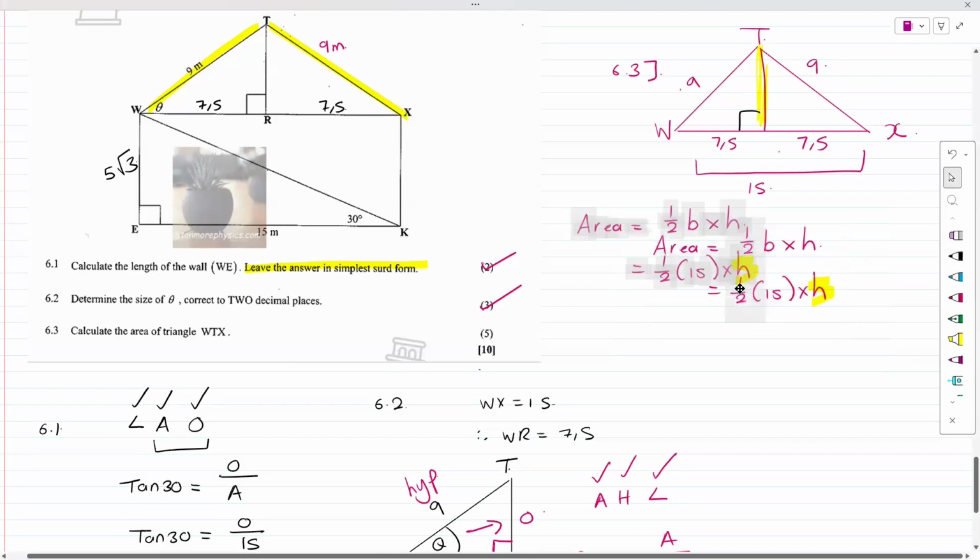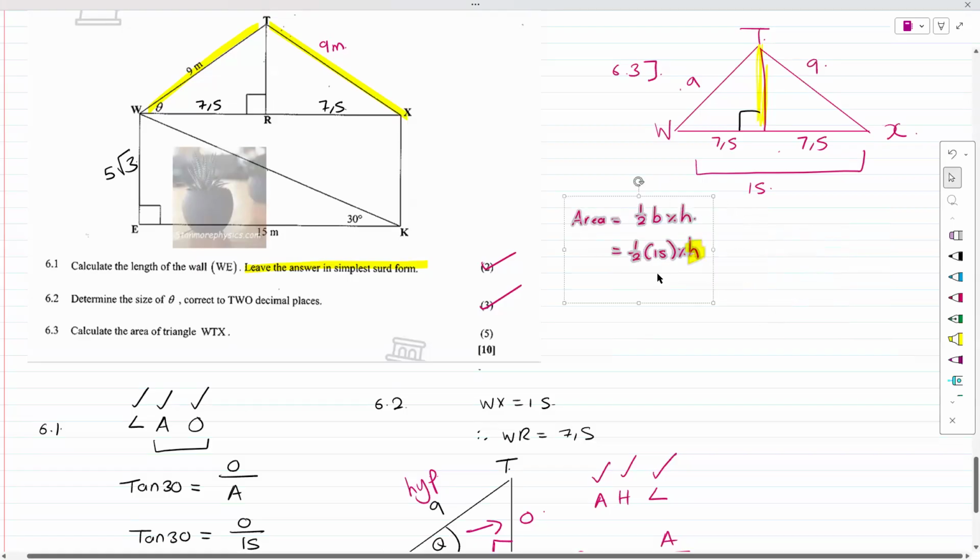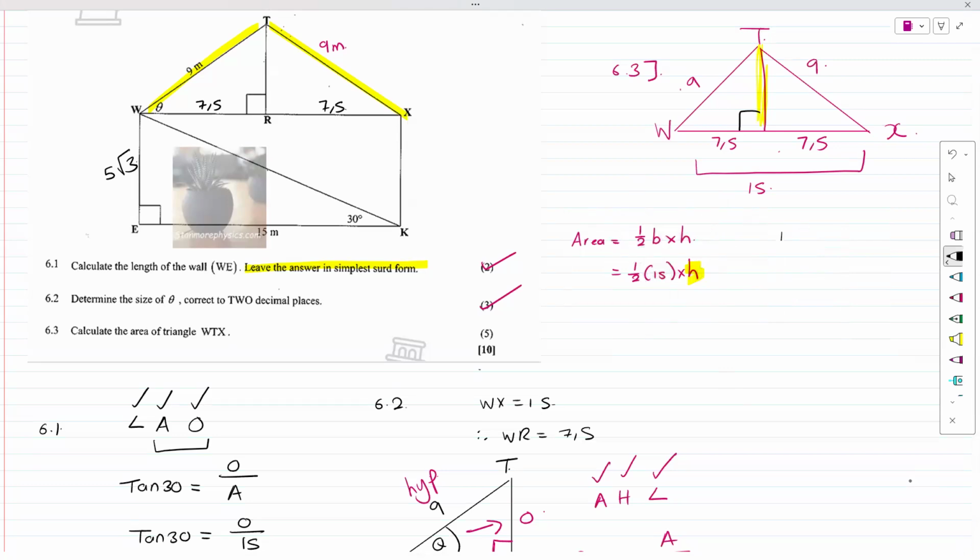Any idea? I would use the theorem of Pythagoras. Okay. So this is 9 squared equals 7.5 squared plus y squared. And this is 81 equals.